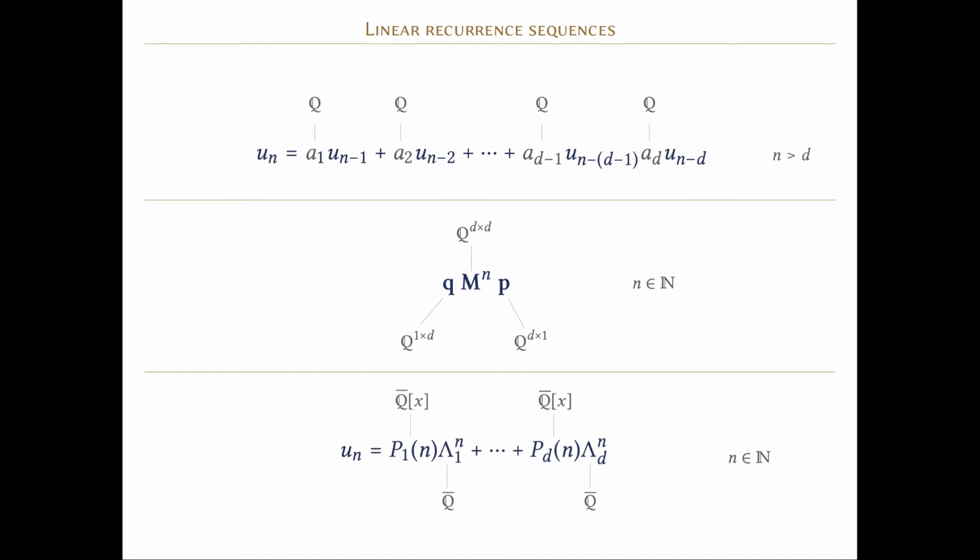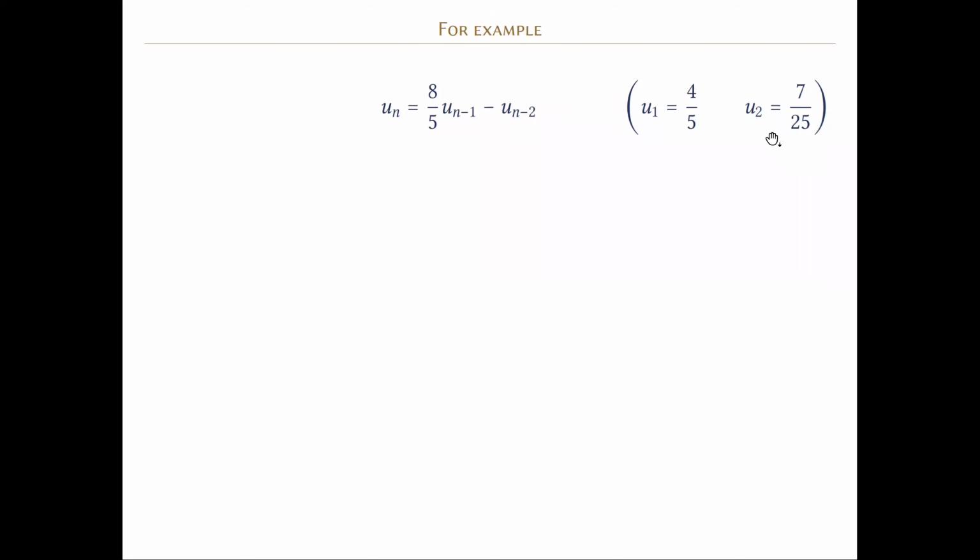So we'll use this form to deploy tools from algebraic number theory and Diophantine approximation to solve the model checking problem for sign patterns of linear recurrence sequences. Here's an example defined in all three ways. So suppose un is equal to this, with the first two elements 4/5 and 7/25.